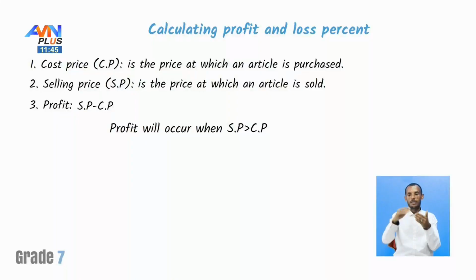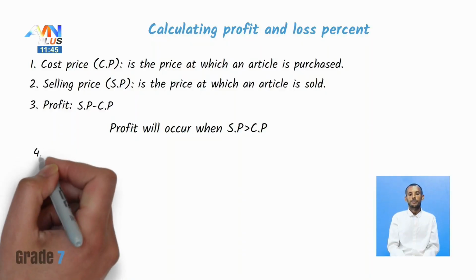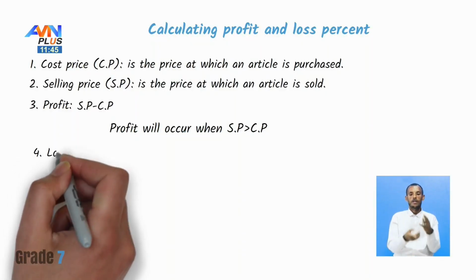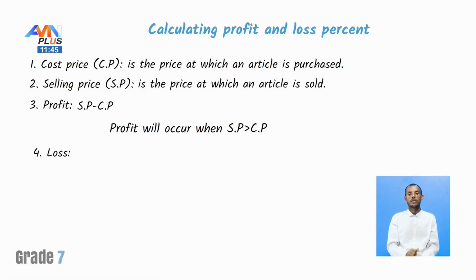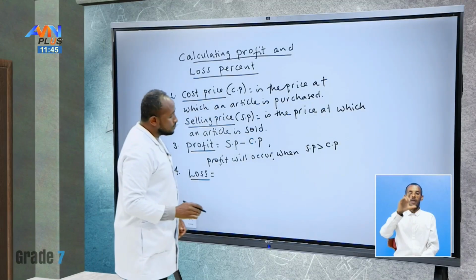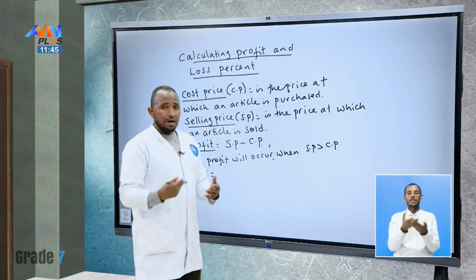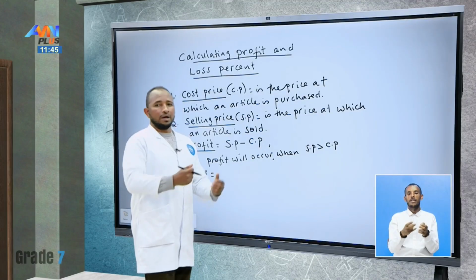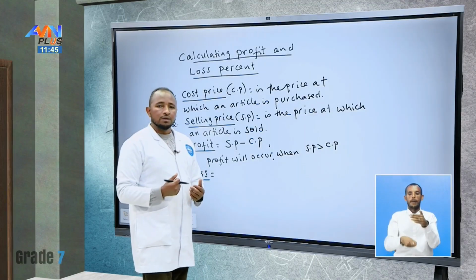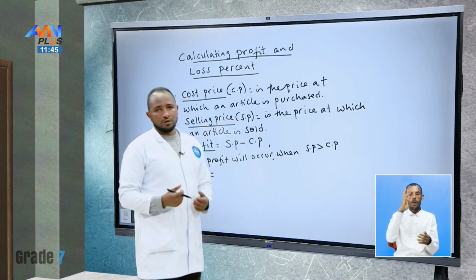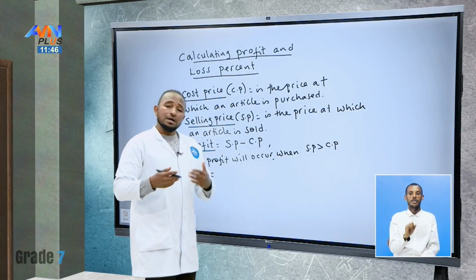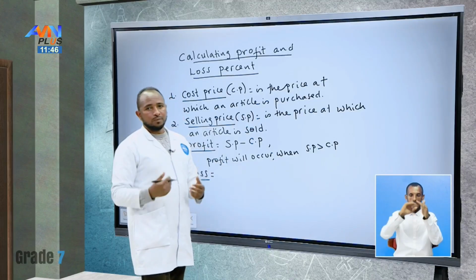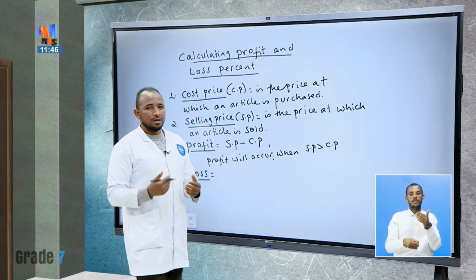The fourth concept is loss. If you sell an article less than the price you spent on it, you will have a loss. That means if the selling price is less than the cost price, in that case, there will be a loss.